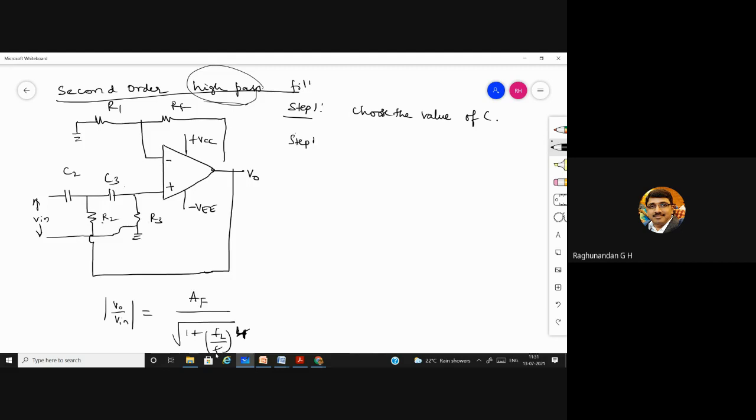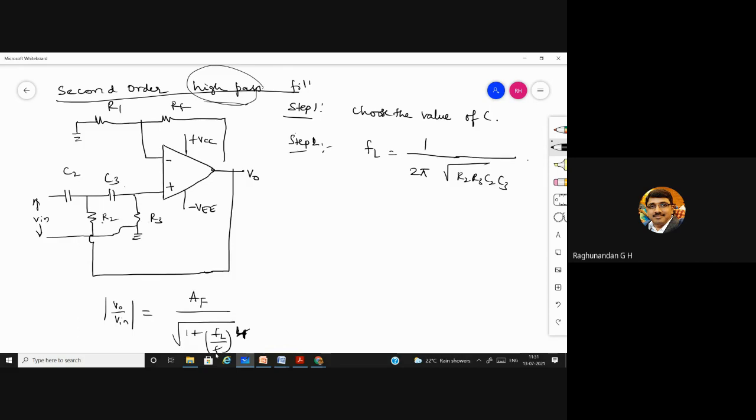Then step 2, as usual, we need to find out the lower cutoff frequency here. FL is equal to 1 divided by 2 pi into root R2, R3, C2, C3.